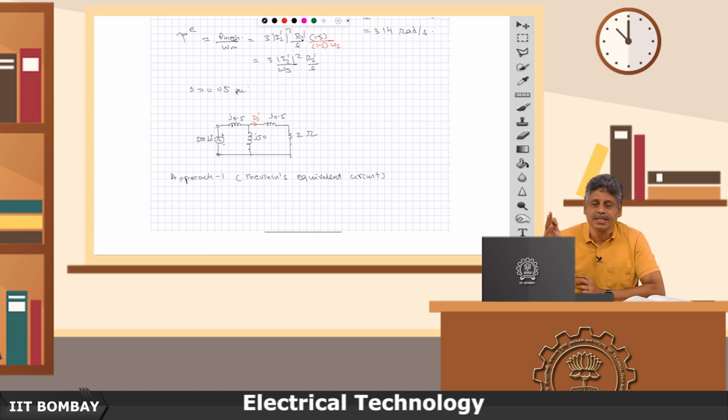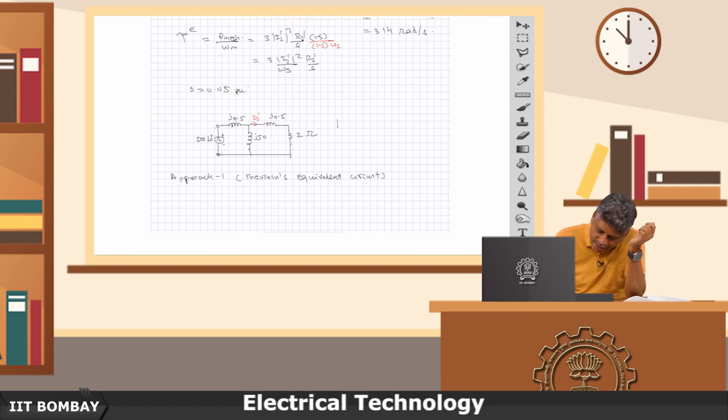This is the most generic approach, because in general slip is an unknown quantity, and if you want to plot a torque speed characteristic, then once you have written down this equation, you can just keep changing the slip value. How will the Thevenin's equivalent look?